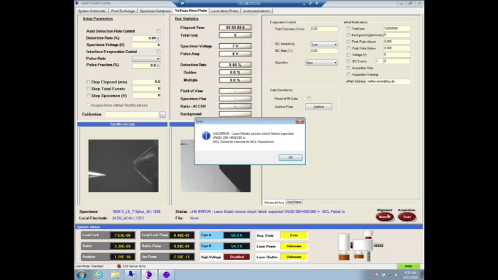Failed to connect to nanodrive. So the stage actually has a USB connection with a driver, and that driver occasionally craps out. And what you need to do is just delete the driver and reinstall it.